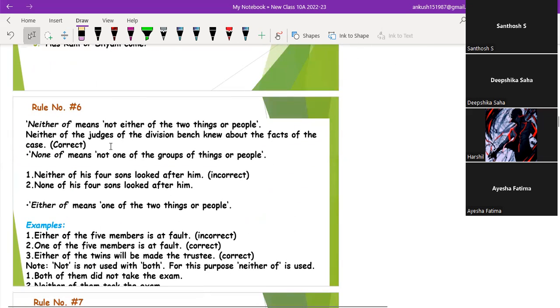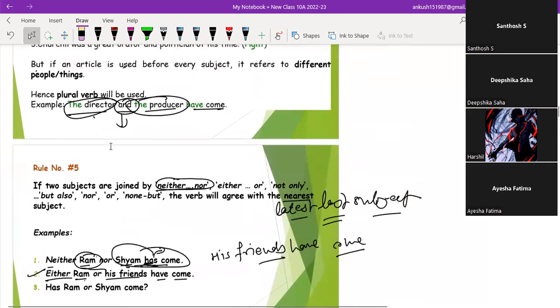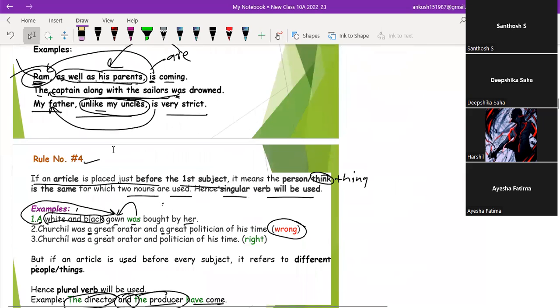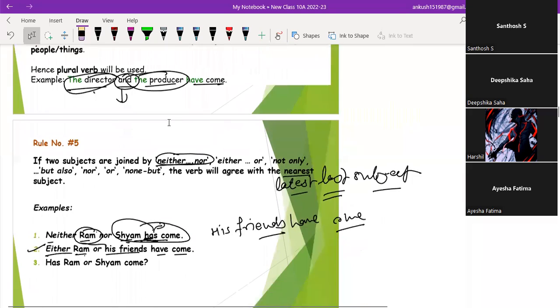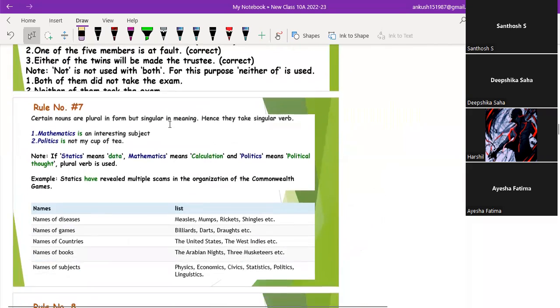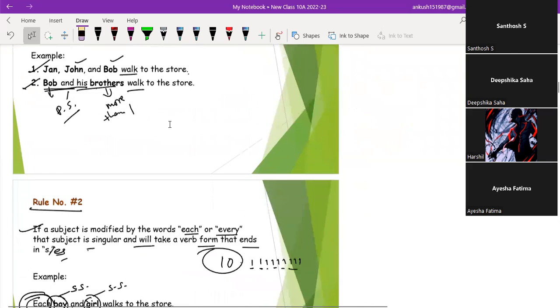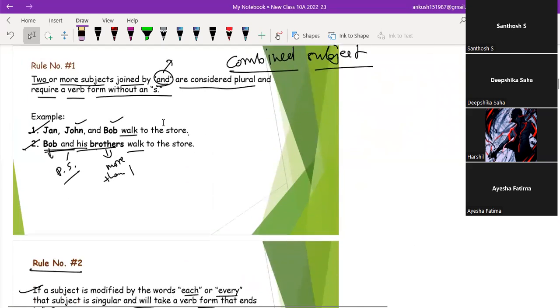Let us understand this rule. Now, can you tell me one by one what our first rule was? Yes, sir. The first rule is two or more subjects joined by and are considered plural and require a plural verb. I will just show you the slides.